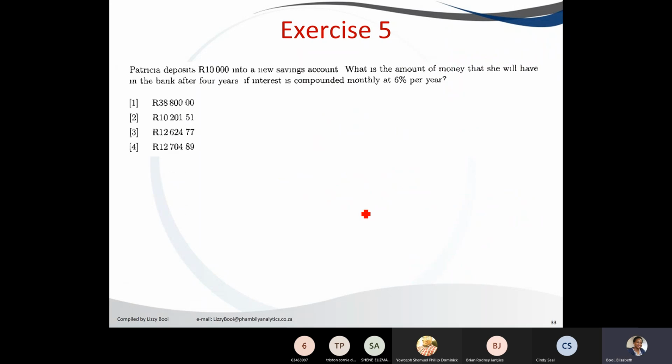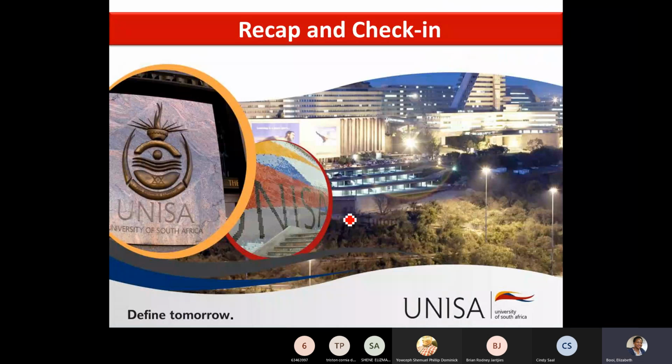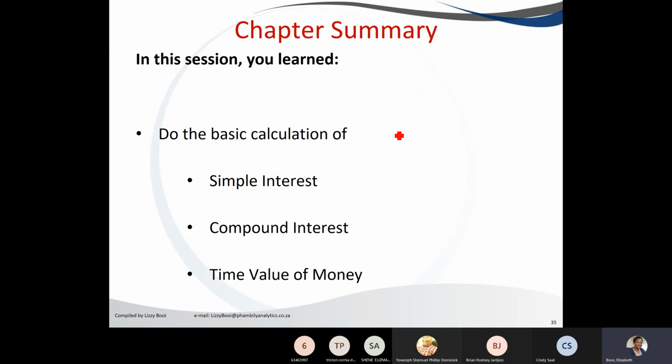Let's look at another one. There is no other one that looks like that. So those are the types of questions you will get in the exam when it comes to time value of money. To recap what we did today, we looked at the basic calculation of simple interest, and we calculated what compound interest is, and we looked at the time value of money.